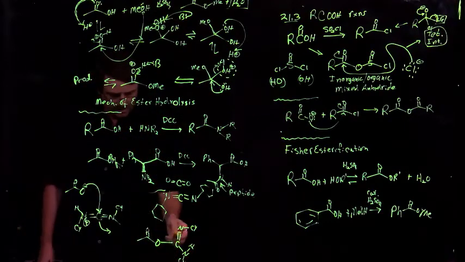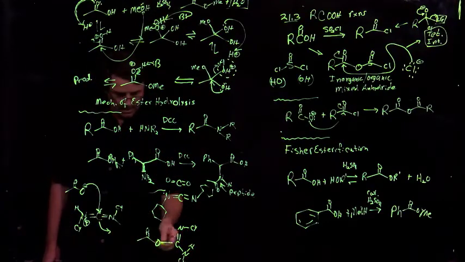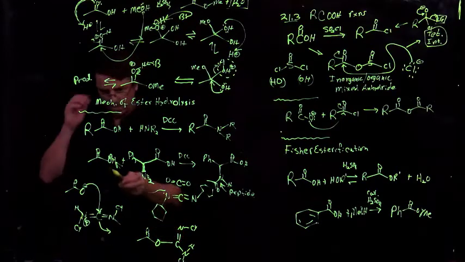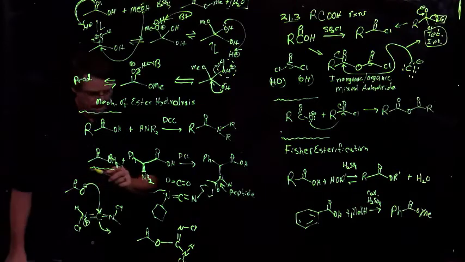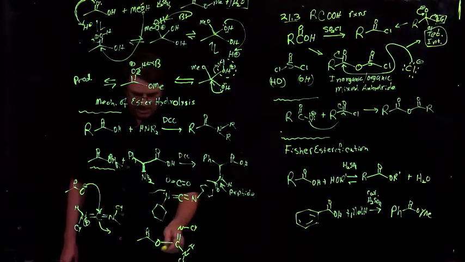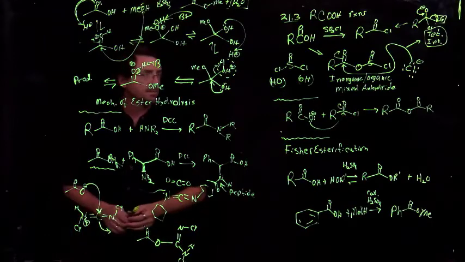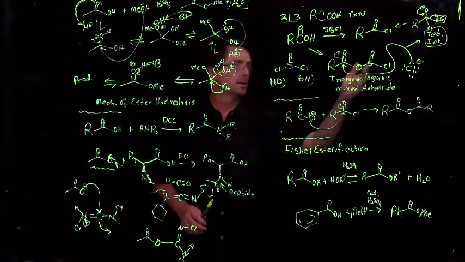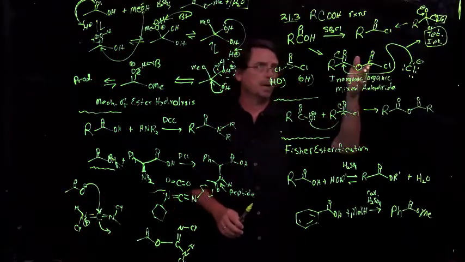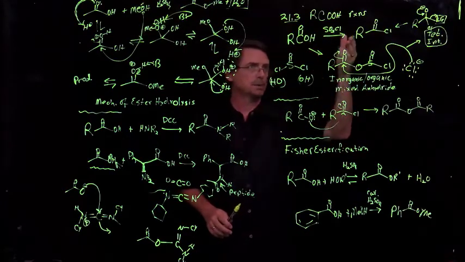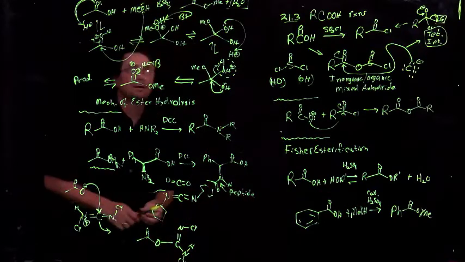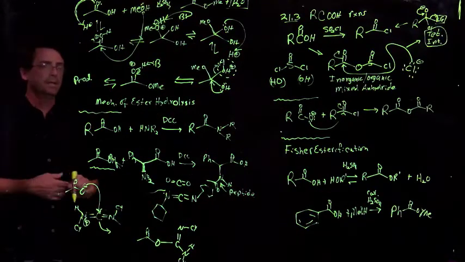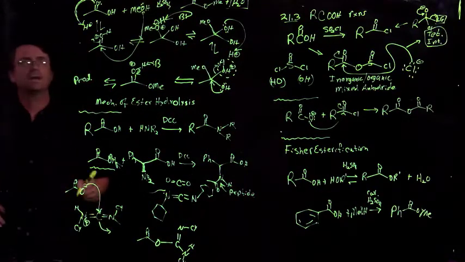So this is another kind of anhydride intermediate that makes the carboxylic acid more reactive. And then the amine can attack and displace our leaving group in a mechanism very similar to what we saw here for the mixed anhydride from carboxylic acids using thionyl chloride. Same sort of intermediate.